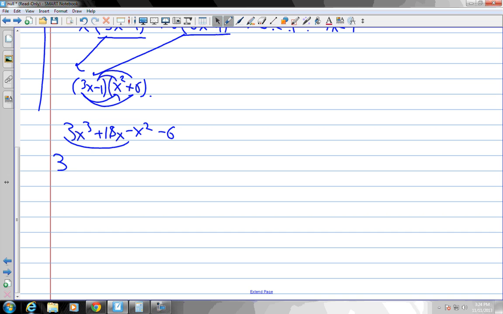So if I take 3x out, what is left? X squared plus 6, right? Now, in order for this thing to work, I need another x squared plus 6 to appear. So when I look at the negative x squared and negative 6, how can I turn it into positive x squared plus 6?